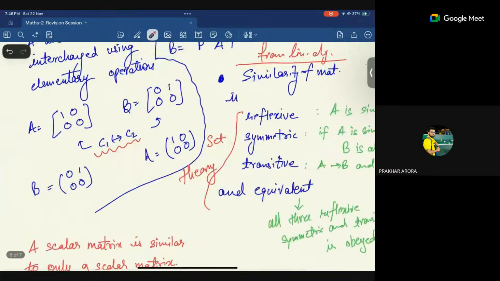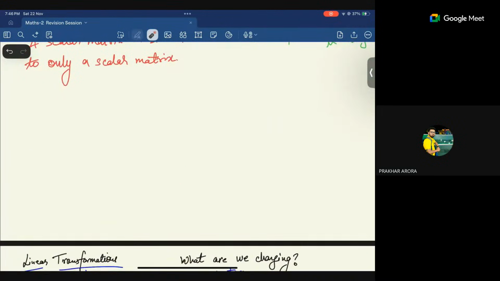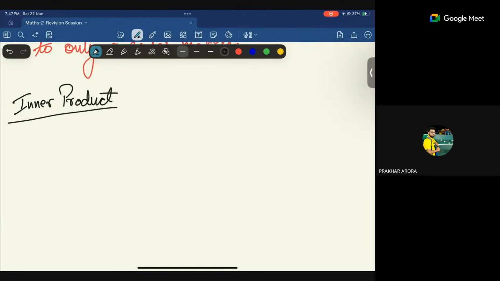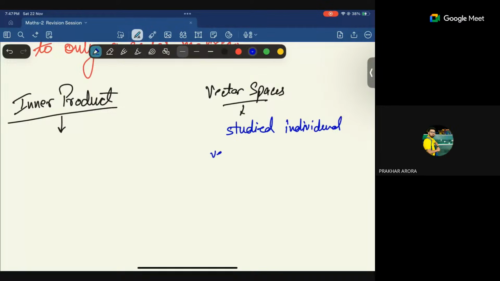Now, quickly moving forward to the dot product, the inner product. Inner product is how you define the relationship between two vectors. Up until now in vector spaces, this is a very important thing to note, we have studied individual vectors.